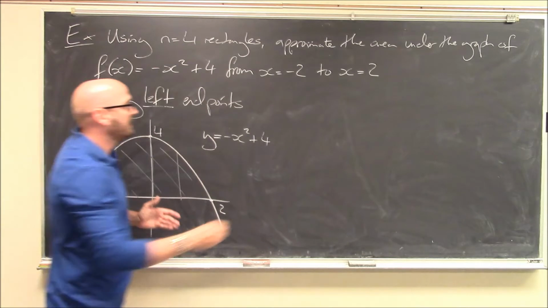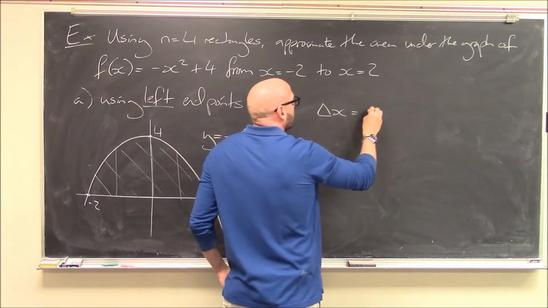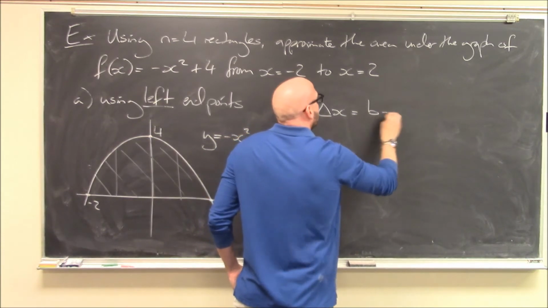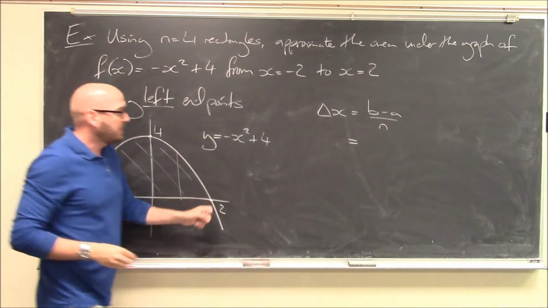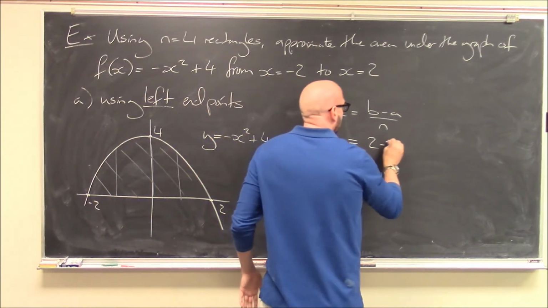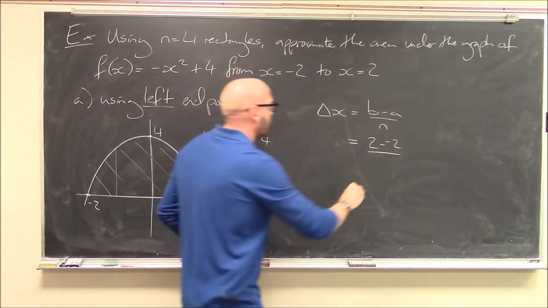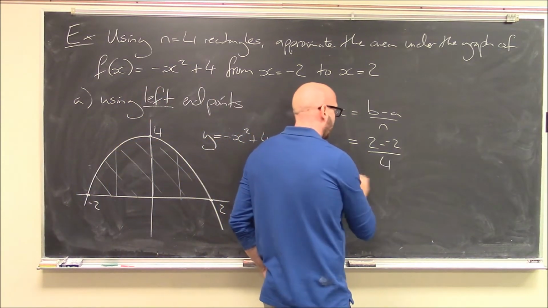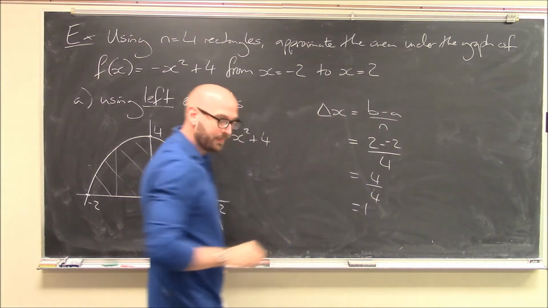Mathematically, the width of each rectangle is delta x equals b minus a over n. B is the right-hand endpoint, 2. A is the left-hand endpoint, minus 2, so 2 minus minus 2, divided by n, the number of rectangles, which is 4. So that's 4 over 4, or 1.